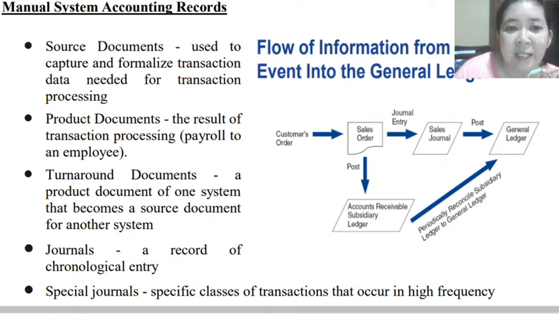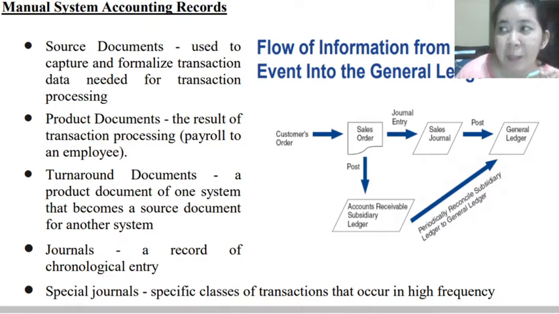So basically, this is a product document of one system that becomes a source document for another system. Meaning, a product document can be used in one or more transaction cycles.